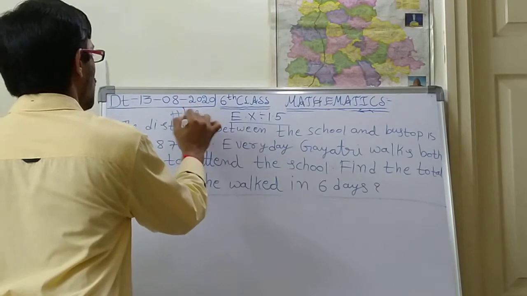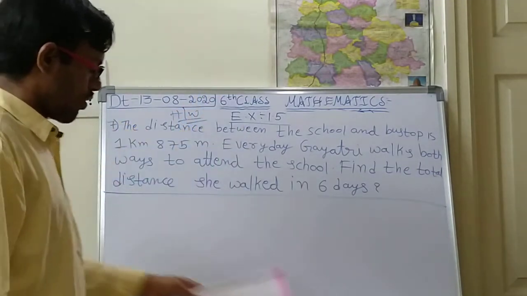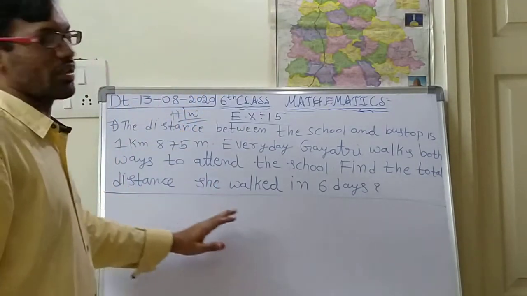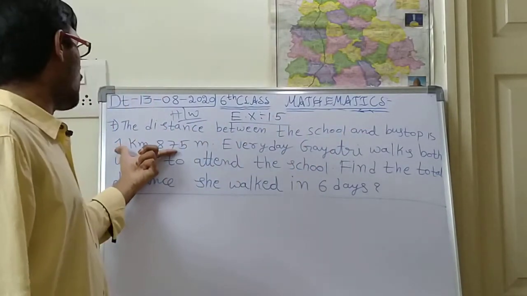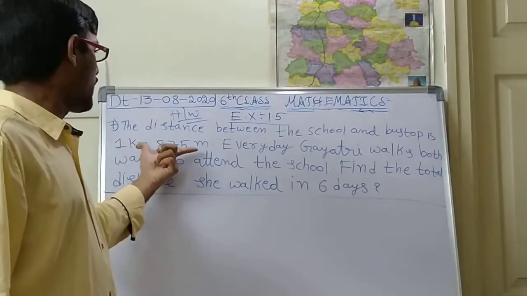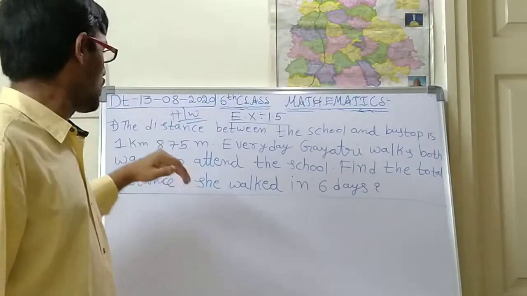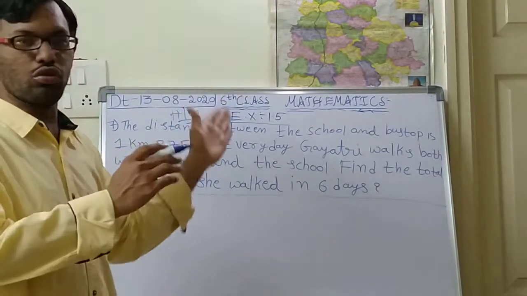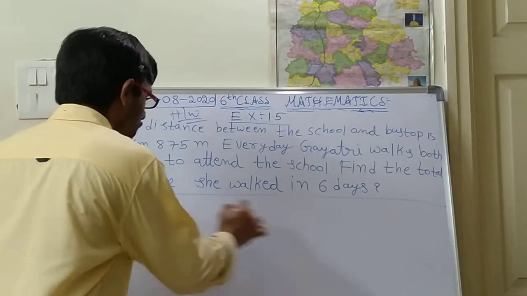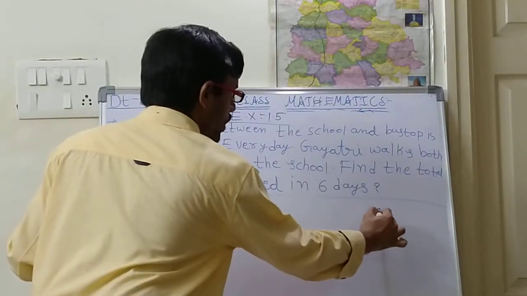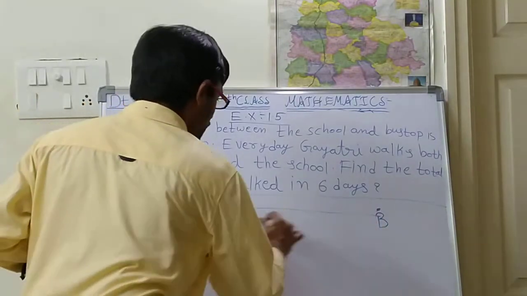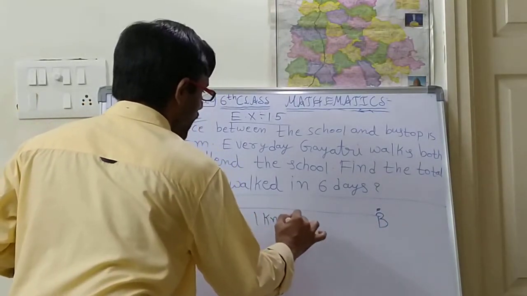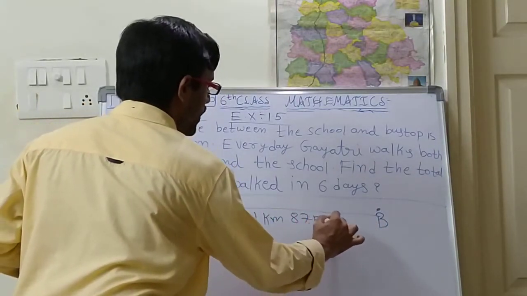Okay. So here, what is this problem? I am explaining. The distance between the school and the bus stop is 1 kilometer 875 meters. So this is the school, this is the bus stop. The distance between these two is 1 kilometer 875 meters.